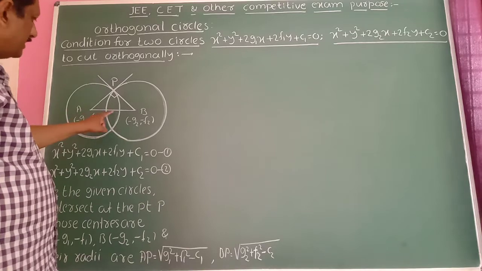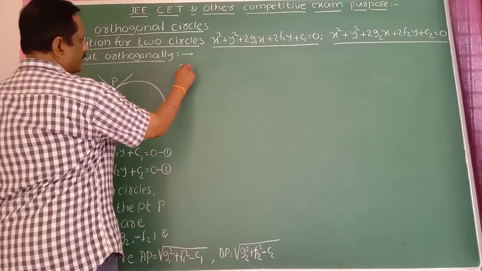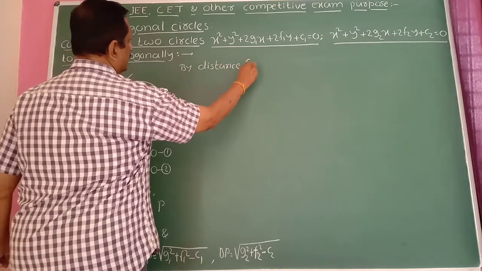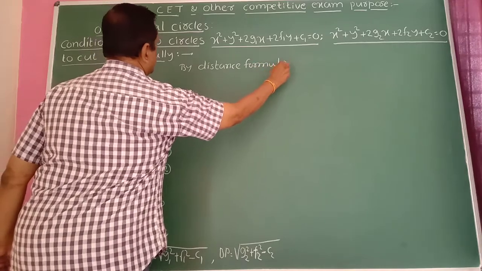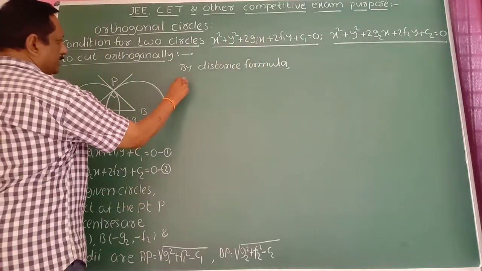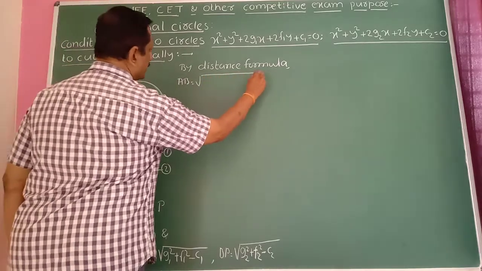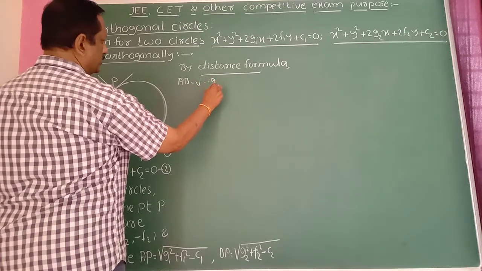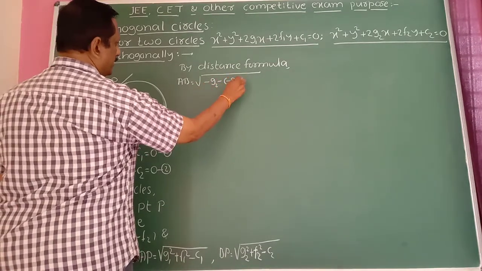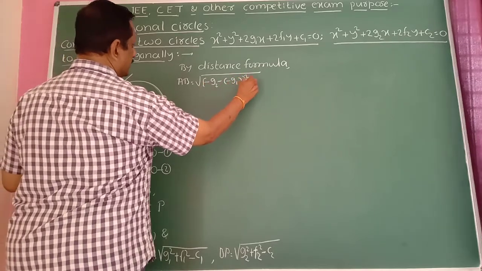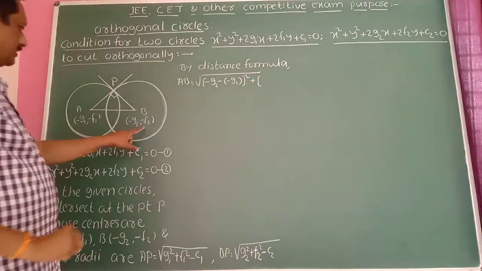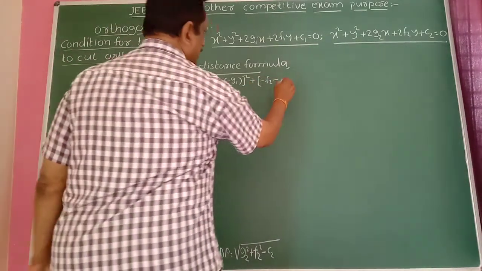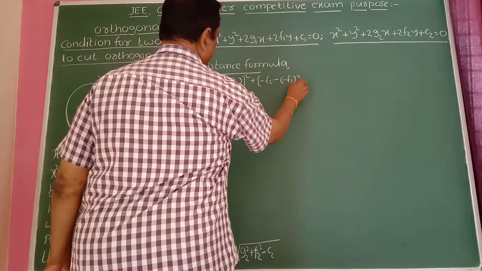Now use the distance formula. By the distance formula, AB is given by root of (-g2 minus of -g1) whole square plus (-f2 minus of -f1) whole square.